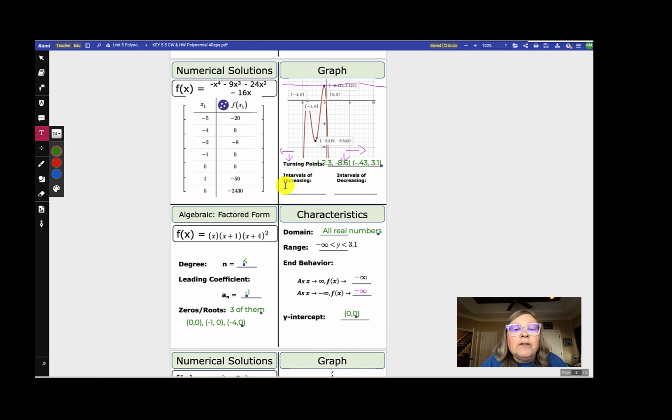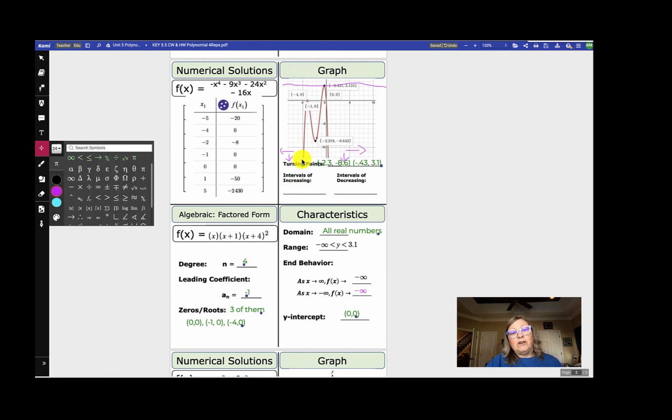All right, intervals of increasing, always x values. So if we start way over on the left, at very, very negative x values, we're going to start increasing. So for x starting at minus infinity, the function is going to increase all the way up until we get to a turning point here, which happens at minus 4.